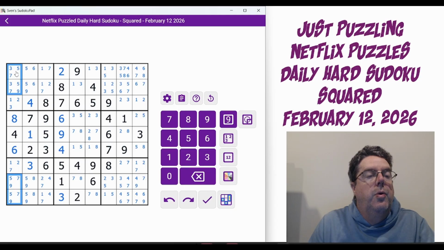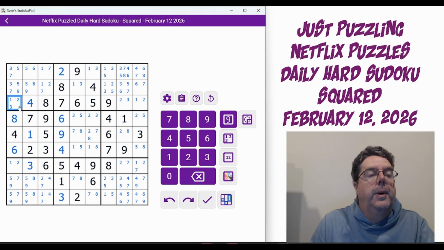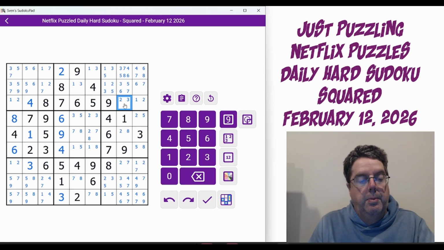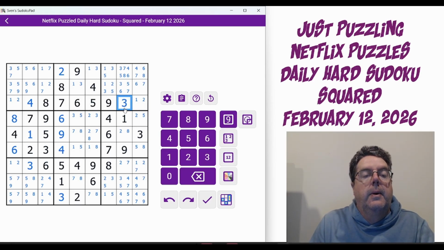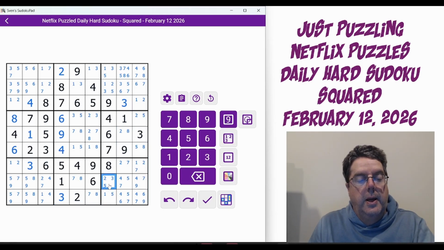So that is a quadruple there, which means that that can't be a 7 and this can't be a 3. So 1 and 2, 1 and 2. So this has become a 3 here. Alright, so 3 can't be here. 3 comes down here. 3 comes down here. 3 comes across here. So that's a 3 there.